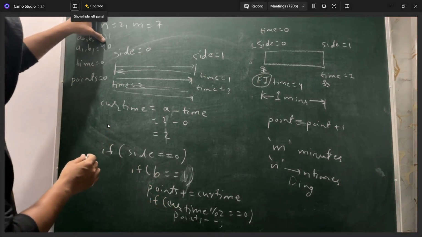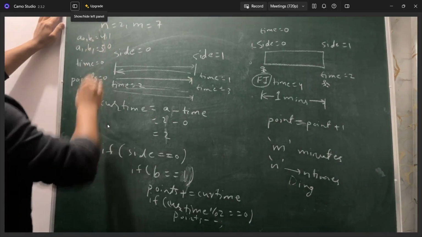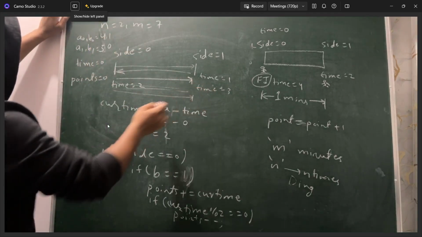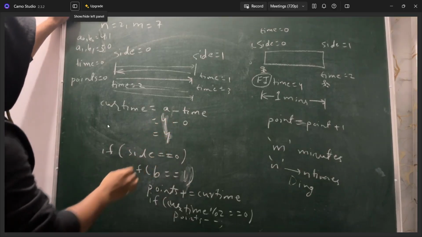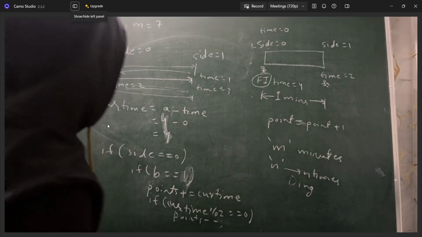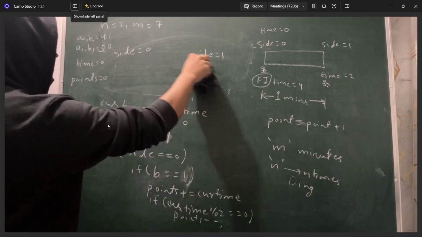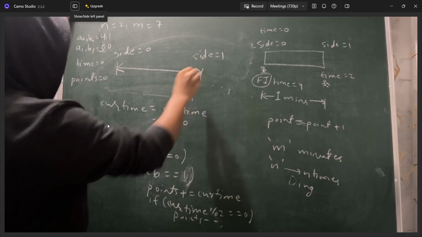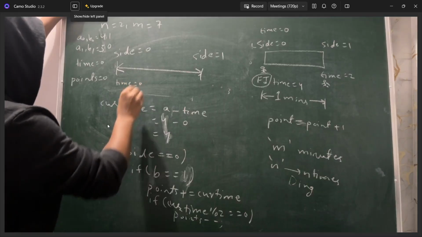Let's say this is 5 and this is 4, like at time 4 you should be at this position, which means the current time is 4. So when the current time is 4, when time is 0 you will be at this position only.